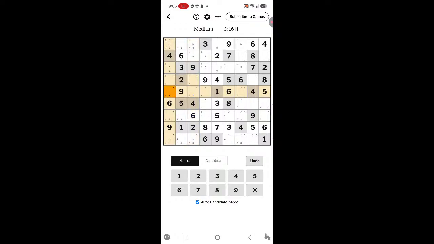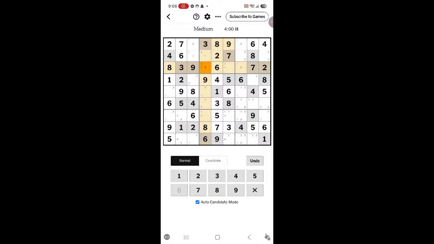There's an 8 over here somewhere, we don't know which. Isn't it 8? 6. 8 equals the other 8. 7. 7, 3 equals 1. 5. 2. 4.